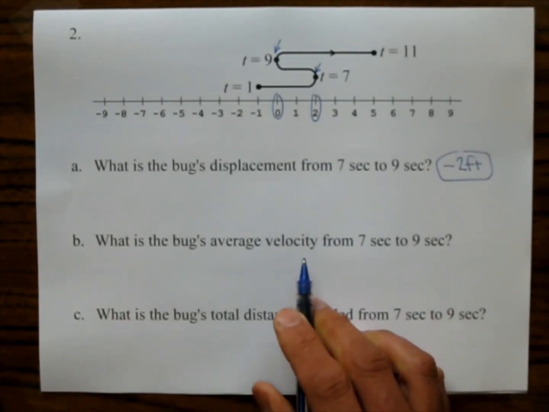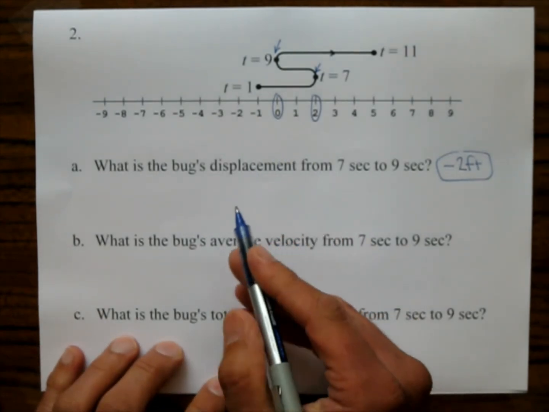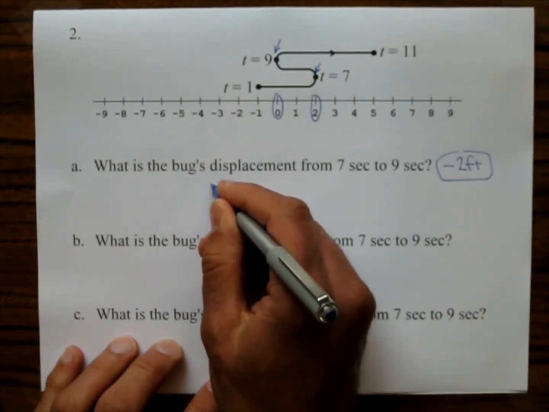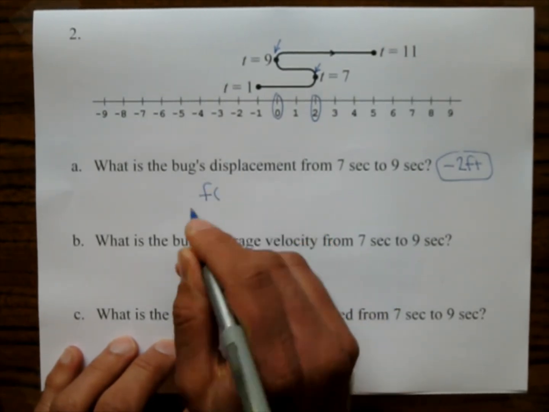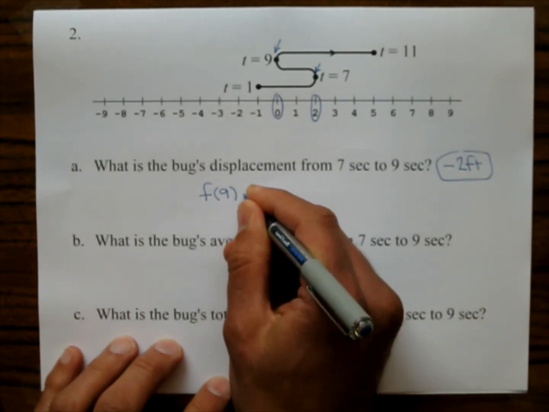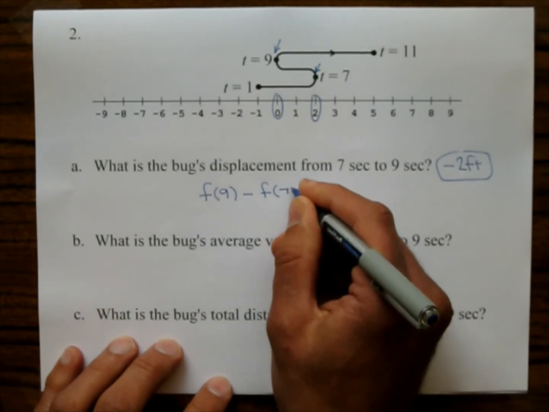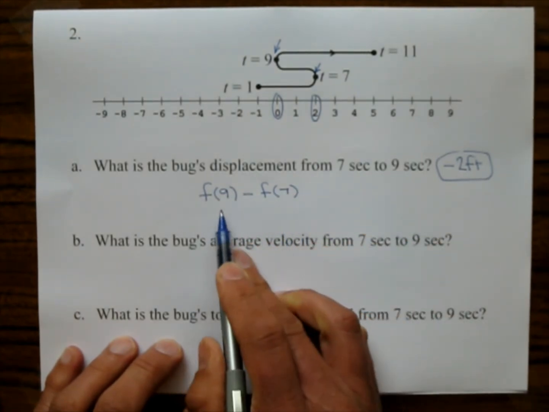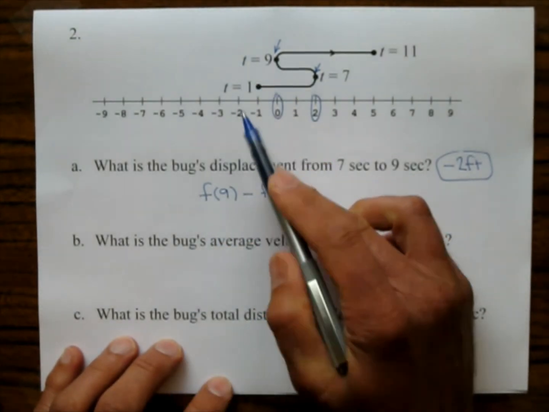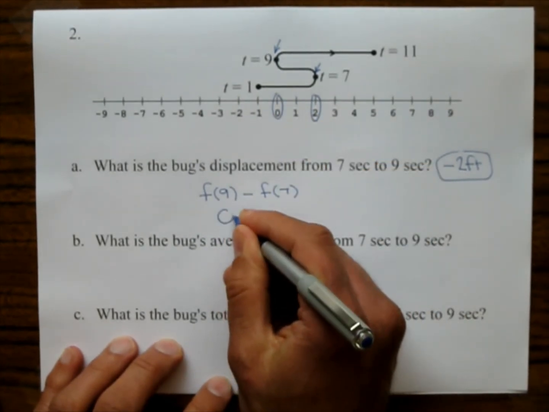Now, let's go ahead and use the formula to see if that gets us what we want. The formula says we're going to go f of the end time, so f of 9, minus f of the beginning time. So what is f of 9? F of 9 seconds is where? 0.